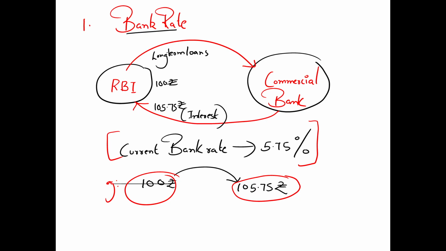So I'm just explaining that portion again. During inflation, the RBI increases the bank rate, as there is a lot of excess money in circulation in the economy. So in order to slow down the money in circulation, RBI increases the bank rate.